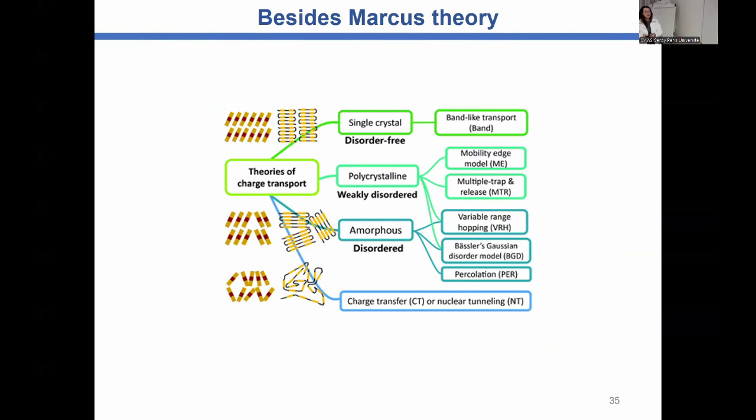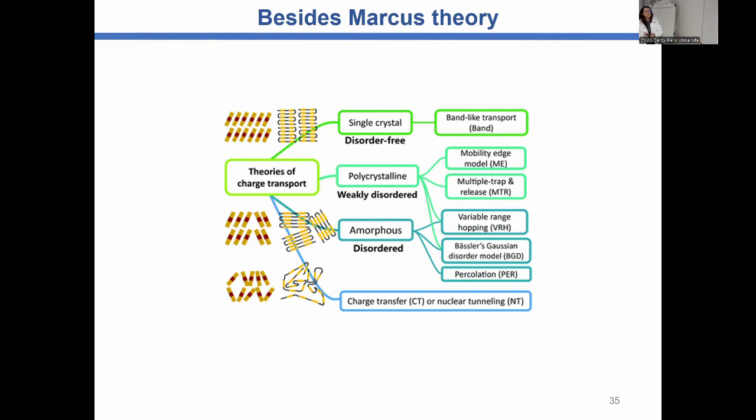Here, I just got in one paper several theories of charge transport. So if you have, for instance, here a single crystal, so inorganic modeling, inorganic material, we have this band-like transport, as we discussed.